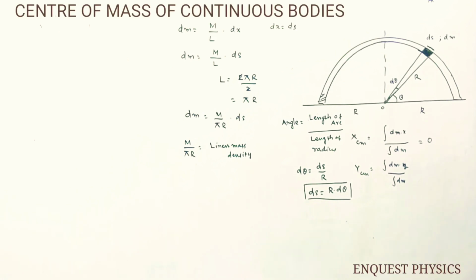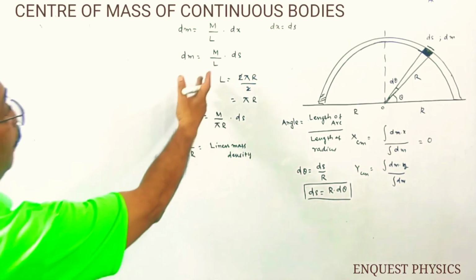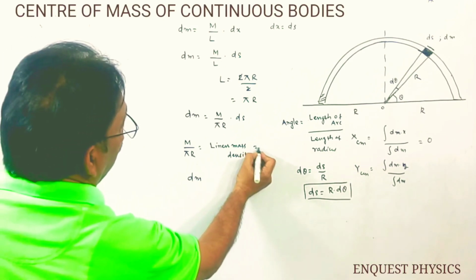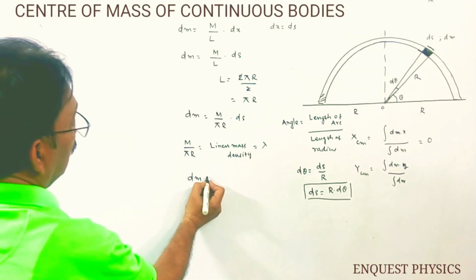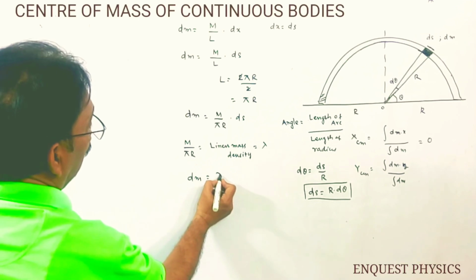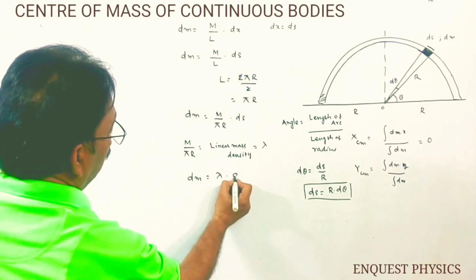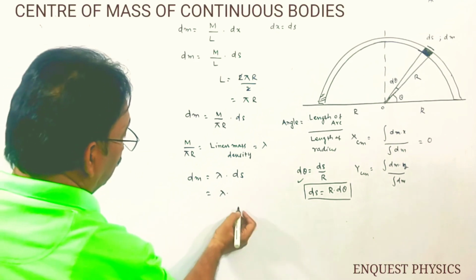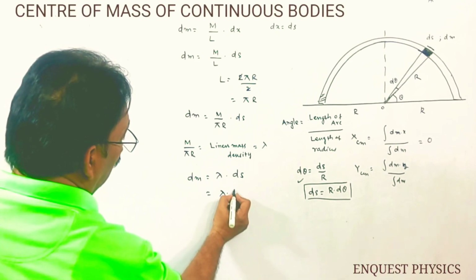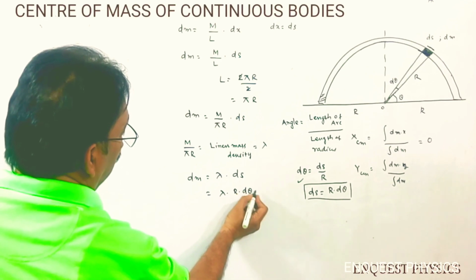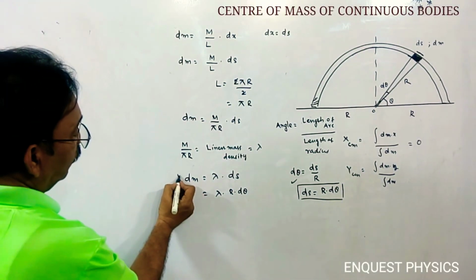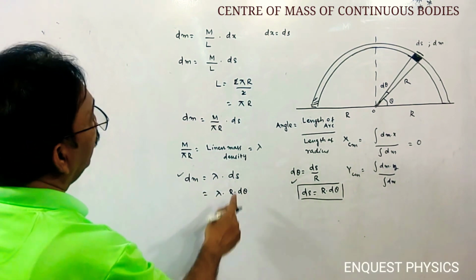Here in this equation, I am taking it as lambda only, so dm is equal to lambda into ds. We have ds equal to r d theta, so the derivative of mass is equal to lambda into r into d theta.